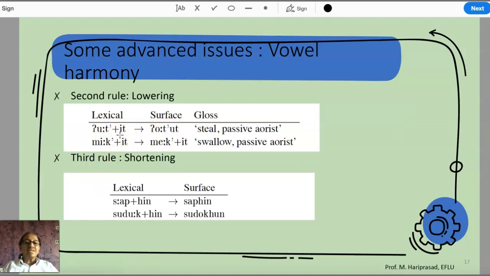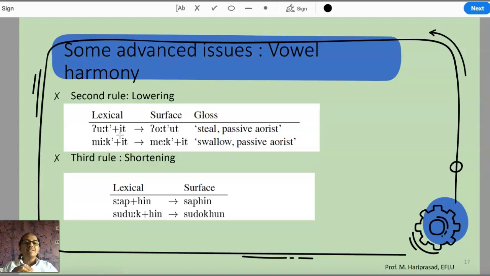So e has become u. But e is front and short, right? And so what happens is, e is high, u is also high. But when you say O, you're lowering your jaw.